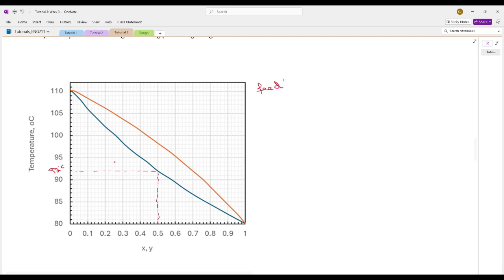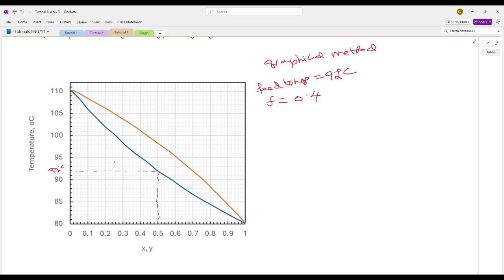So the feed temperature is 92 degrees centigrade. This is a graphical method. Feed temperature is 92 degrees centigrade, and then we know that the fractional vaporization is 0.4.